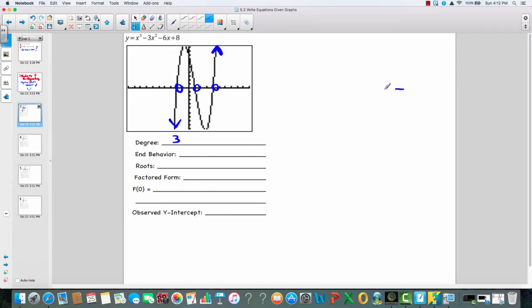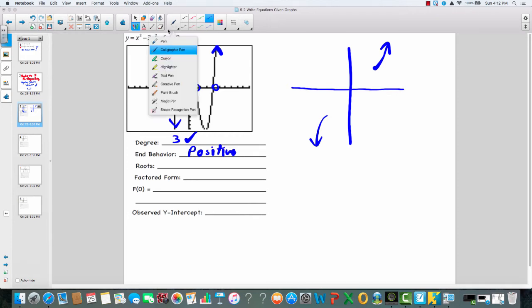And if you remember Miss Zanfini's worksheet from yesterday, she would say end behavior that looks like this would be a positive leading coefficient, and a degree that is odd. So sure enough, we have an odd degree, and end behavior that looks like this would be positive.